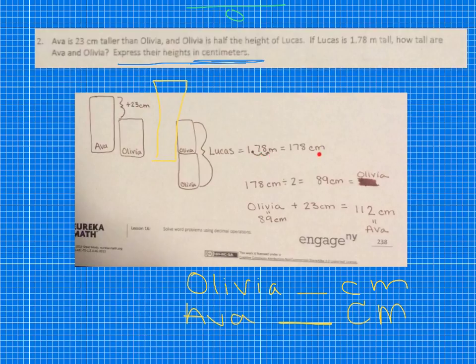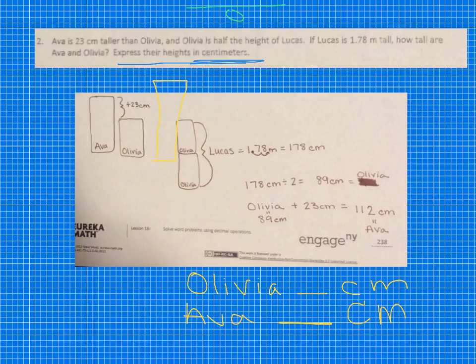And we can do this by moving our decimal place 2 places, because we are multiplying by 10 to the power of 2 when we go from meters to centimeters. So 1, 2 gives us 178 centimeters. That's how tall Lucas is in centimeters.